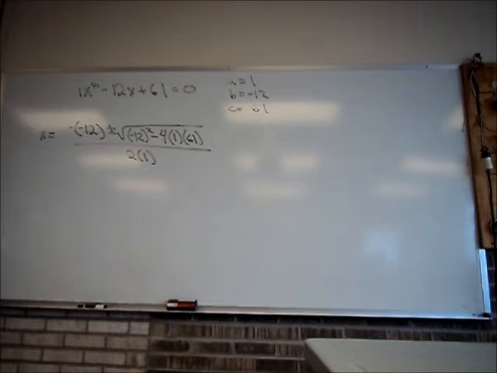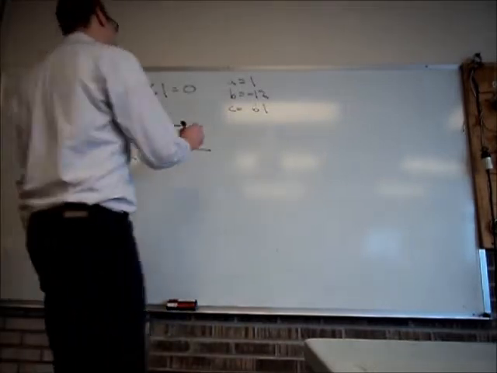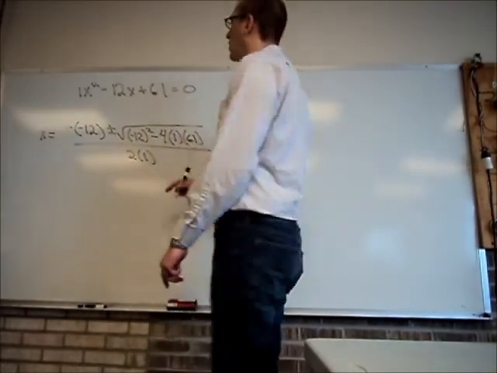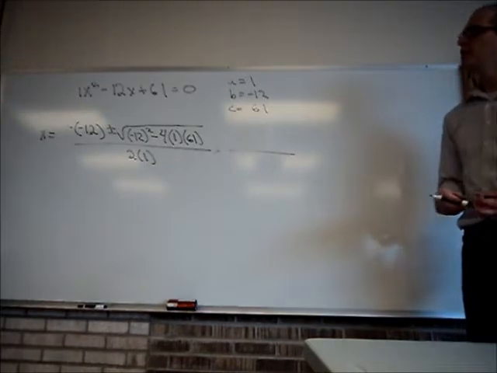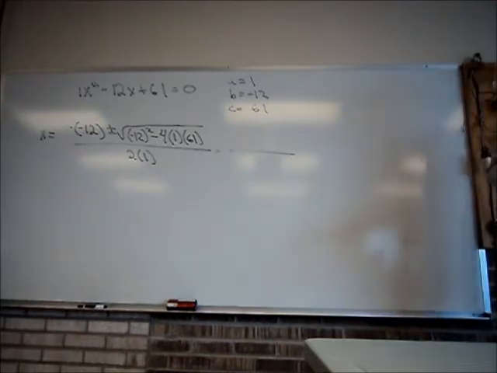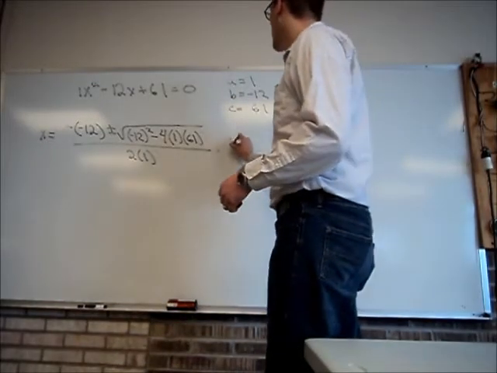Plugging the appropriate values into the appropriate slots and then simplifying it down. To simplify, I think the most important thing is inside the square root. But before we get to inside the square root, we can take care of the first term. What's up with that first term? Positive 12, good. Positive 12.